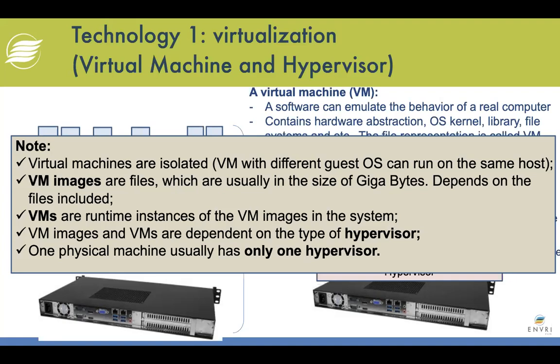These are two different things. Virtual machine images depend on this magic software I just mentioned, the hypervisor, which means you cannot say I have a virtual machine image and run it on any environment or any cloud. That's not possible. You first have to check if the hypervisor supports it. And one physical machine only runs one hypervisor.